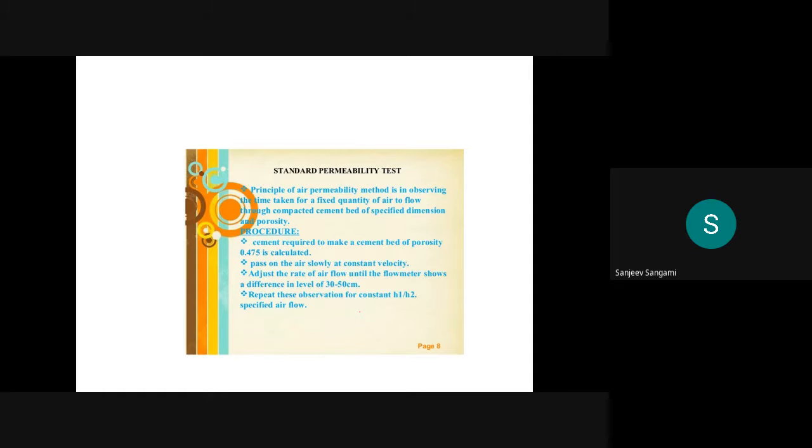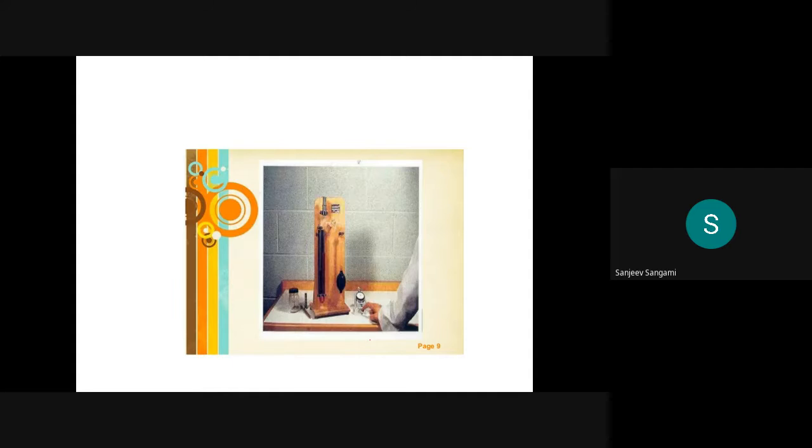Adjust the rate of airflow until the flow meter shows a difference in level of 30 to 50 centimeters. Repeat these observations for constant H1 by H2 specified for air flow. Okay, and this one you already know.